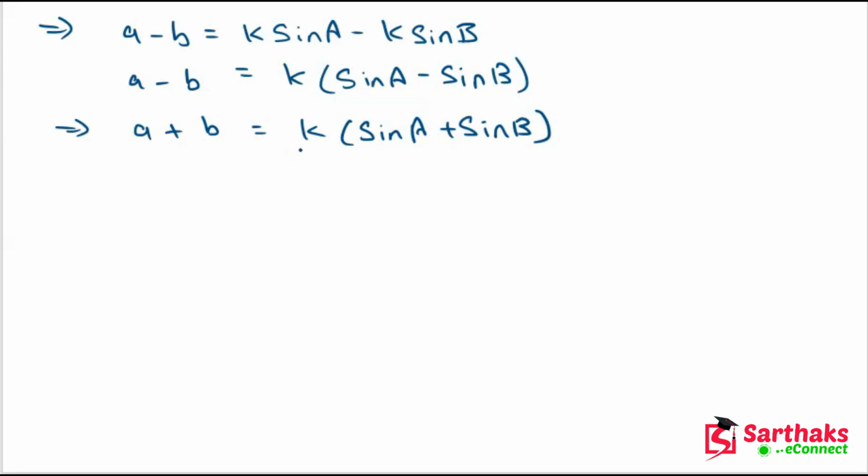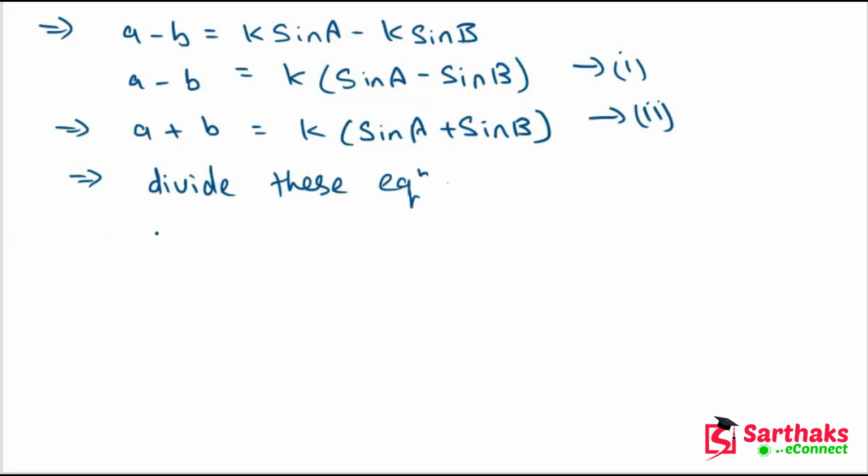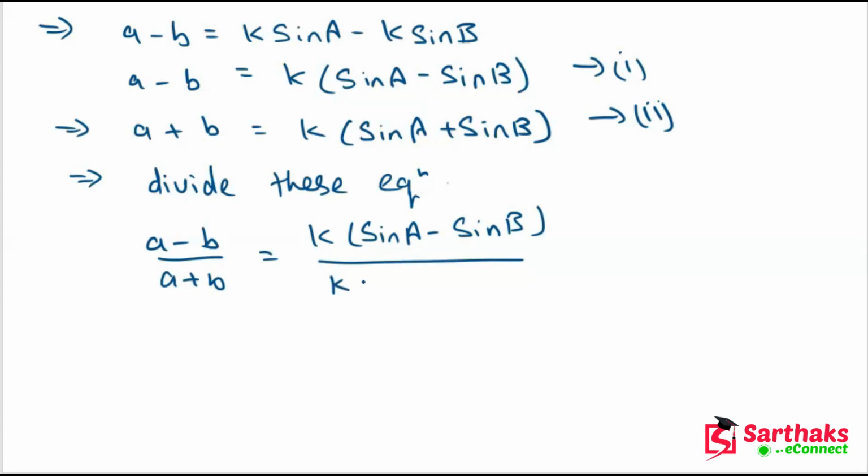So now, this is equation number 1 and this is equation number 2. Dividing these equations, we get (a minus b) divided by (a plus b) equal to k(sine a minus sine b) divided by k(sine a plus sine b).